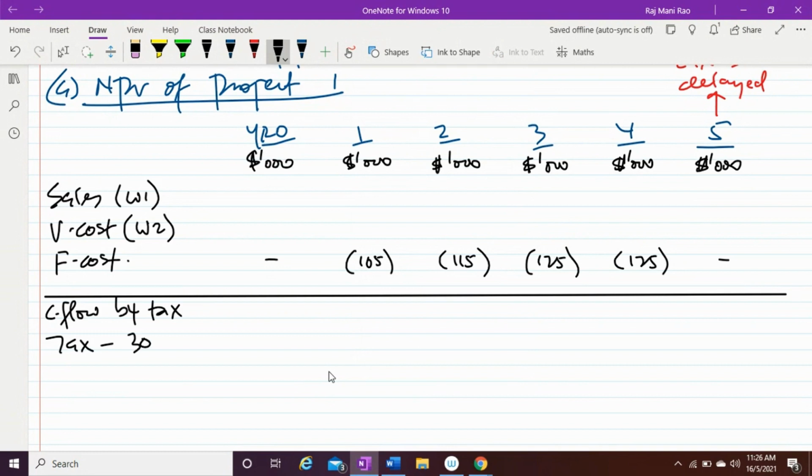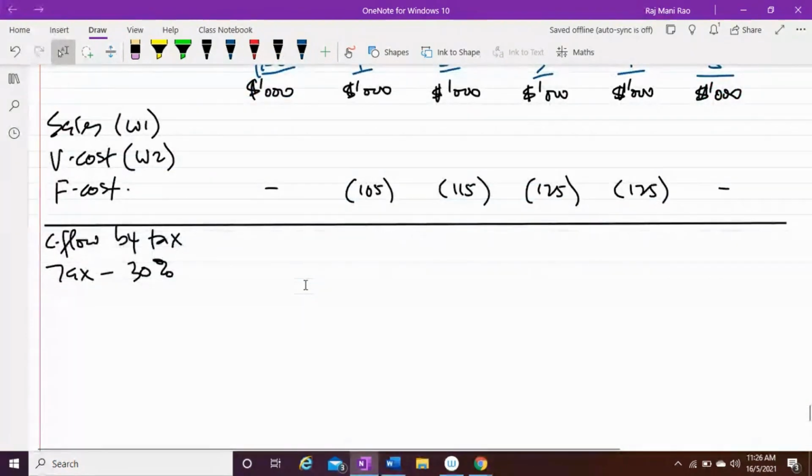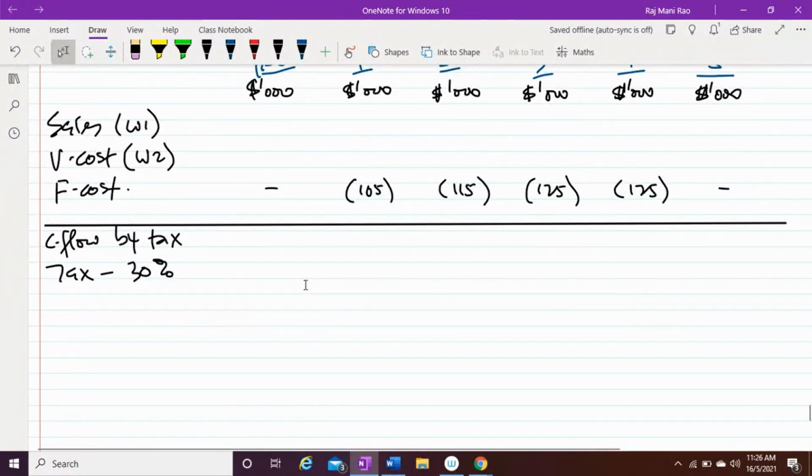Then we have tax at 30%. What item comes after tax? Format is very important. If you remember the format, you will avoid unnecessary mistakes. What comes after tax? Come on, people.